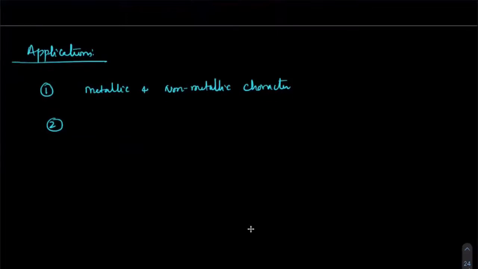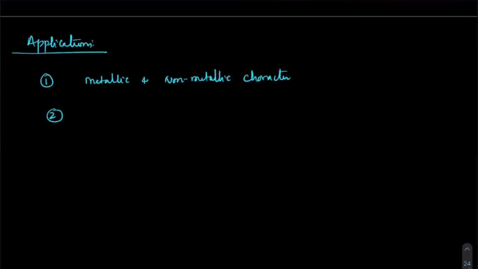Next, the electronegativity difference between two atoms decides its ionic or covalent character. If the electronegativity difference between two atoms is zero, it is purely covalent.